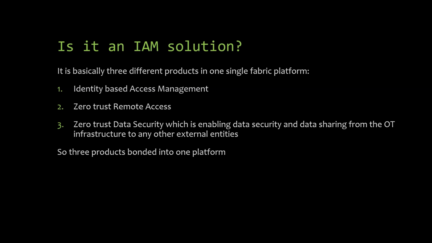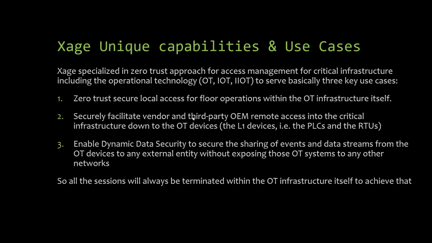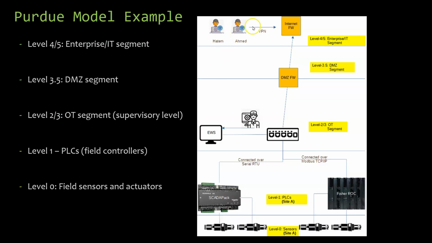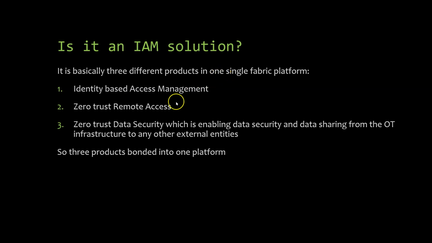But here with Xage, the zero trust is actually identity centric. So it's identity based access management. Yes, this is one product inside the fabric. The other product is the zero trust remote access, as we mentioned, where we ensure users accessing the critical infrastructure are handled based on a zero trust approach.